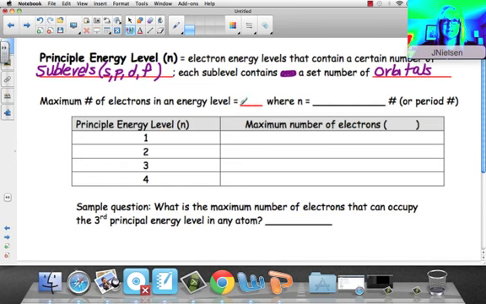Maximum number of electrons in an energy level is equal to 2n squared, where n is equal to the quantum number or the period number.